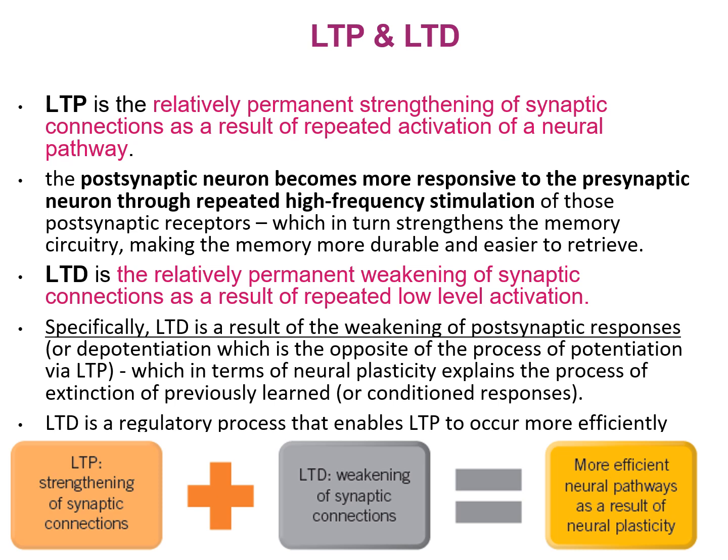Now, students historically in terms of LTD, they oversimplify it. They just say that the cells have been pruned. And whilst that's partly correct, it doesn't fully explain LTD, because LTD also occurs as a result of repeated activation, but the activation is at a low level. So the input from the presynaptic cell is so weak that the postsynaptic cell doesn't hit an action potential threshold, it doesn't fire.